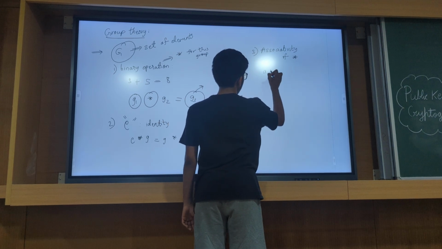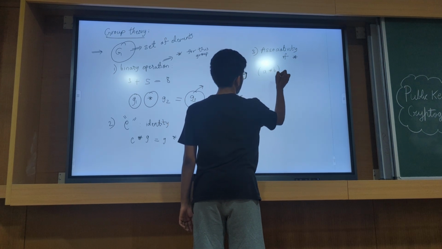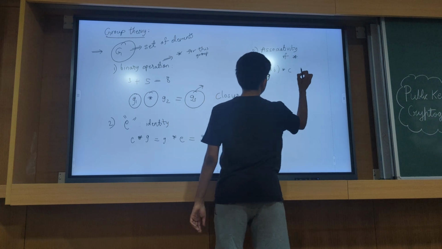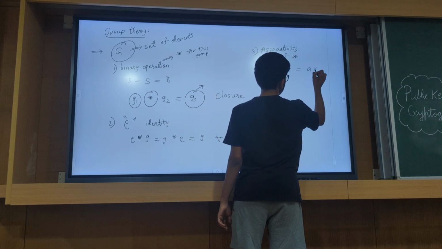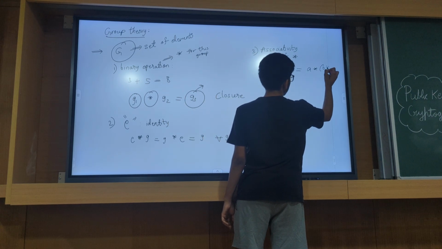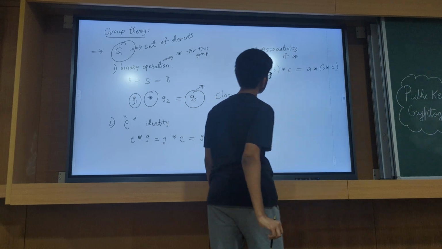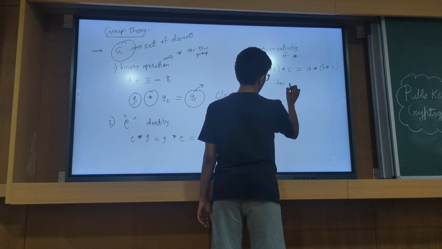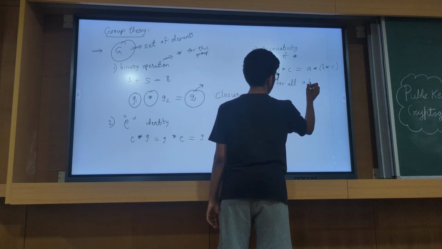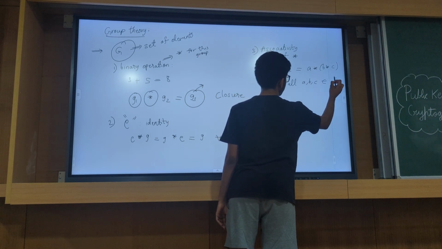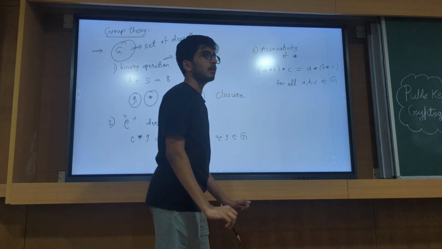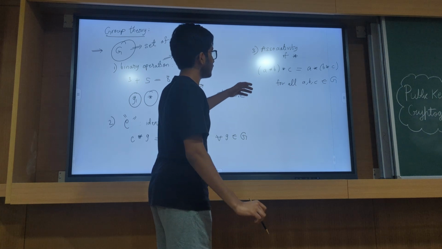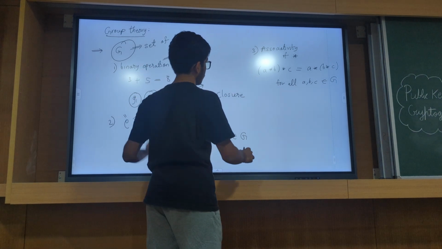So (A star B) star C must be equal to A star (B star C). This must be satisfied for all A, B, C in that set G. So this is one more property that it should satisfy for it to be called a group.